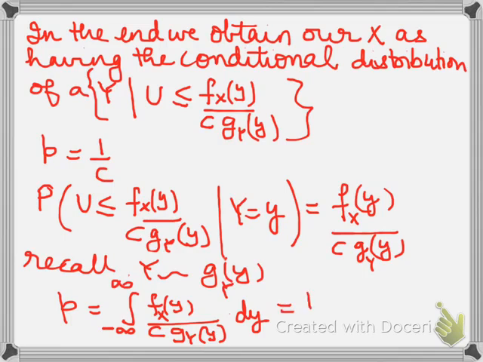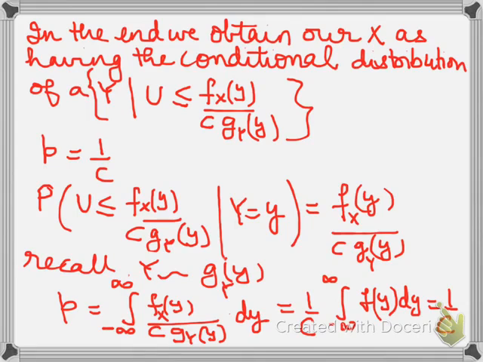You can take 1 over c out, and you are left with the integral of f(y) dy, which is equal to just 1 over c, because this is a density function, so the integral over the entire support set of a density function is 1.